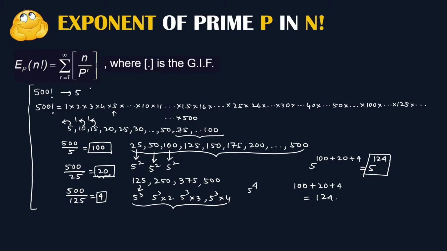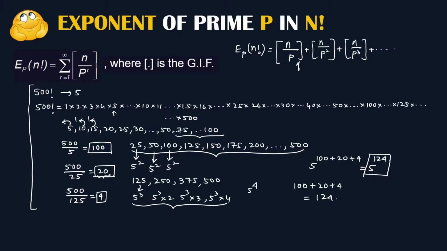Now I'm giving you a ready-made formula by virtue of which you can find the exponent of any prime in factorial n. It states that the exponent of the prime p in any factorial is the greatest integer function of n divided by p, plus n divided by p square, where p is that prime, plus n divided by p cube, and this will go on.